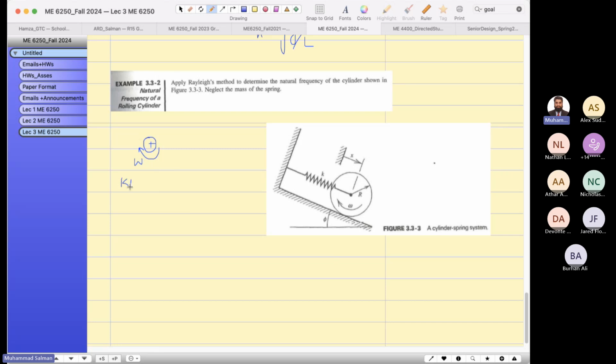So the kinetic energy in the angular displacement can be written like half I omega square, or in terms of theta, half I theta dot square in rotation. And kinetic energy in translation can be written like half m x dot square.